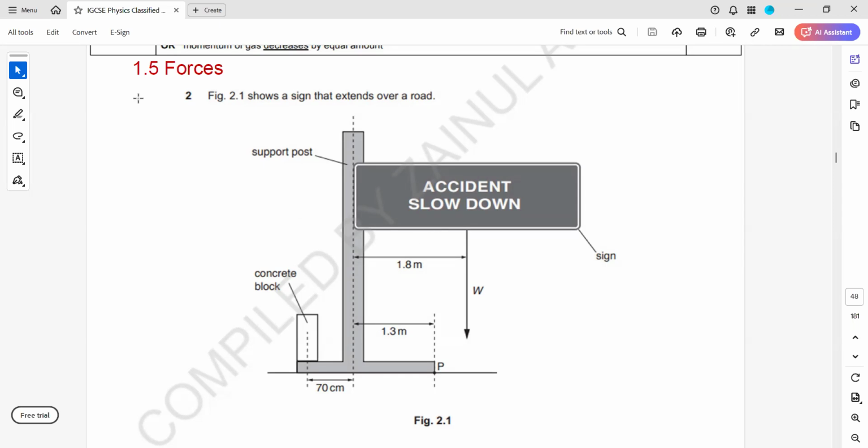So in the first question, figure 2.1 shows a sign that extended over a road. And it's written accident, slow down. A concrete block is there, a support post is there.